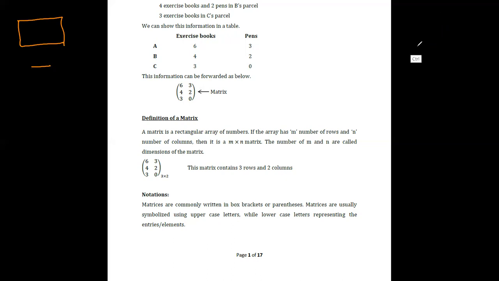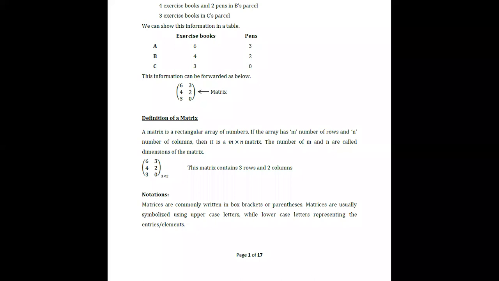Therefore, this can be considered as a rectangular array of numbers. If you are writing a rectangular array of numbers, there should be a finite number of rows and a finite number of columns.